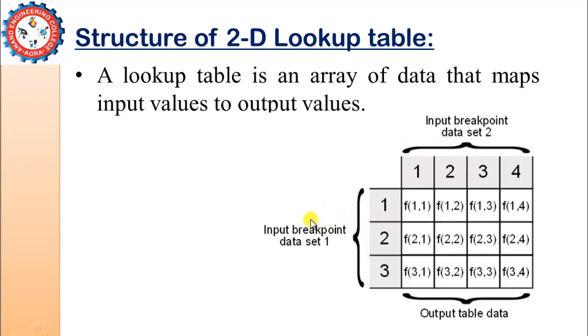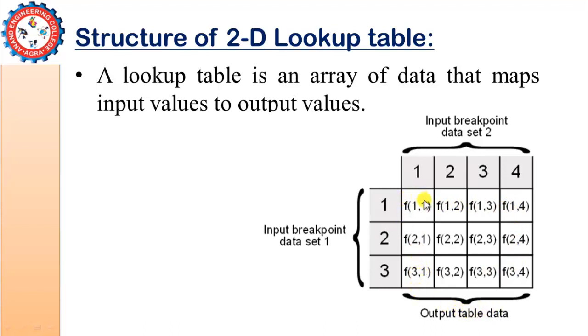Breakpoint dataset 1 corresponds to the rows and breakpoint dataset 2 corresponds to the columns. Whatever values are written inside these blocks are the output values, simply called table data.